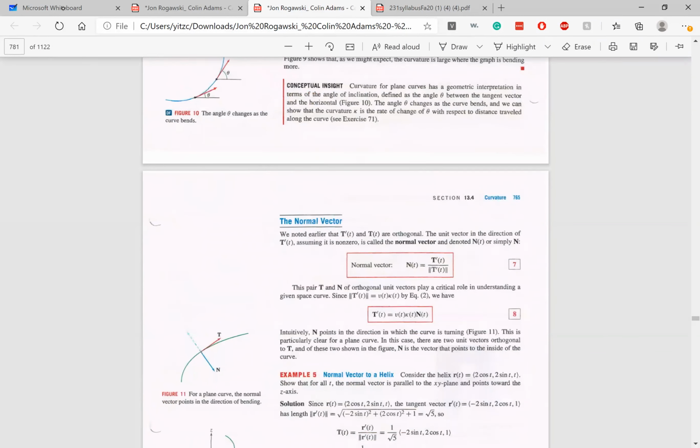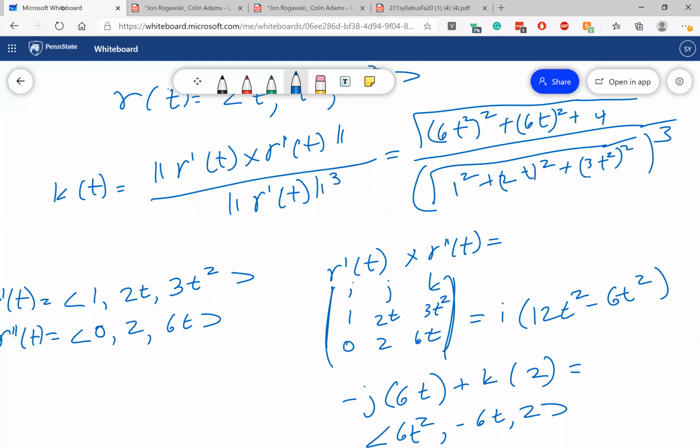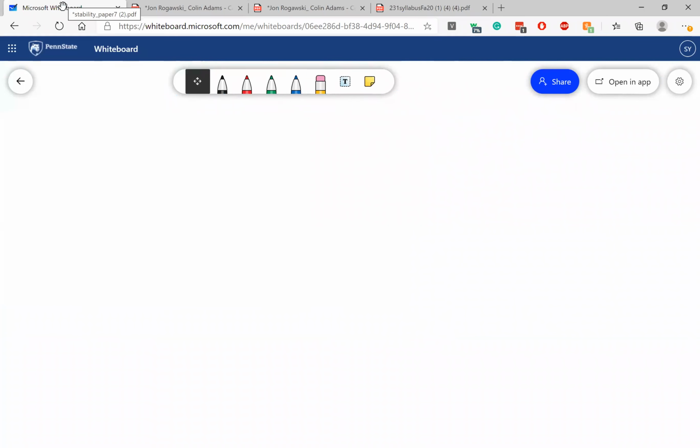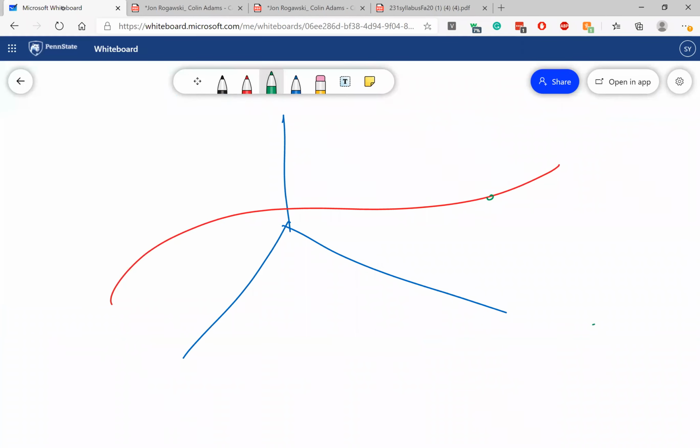Okay, so now we're going to continue with the normal vector. If you have a curve, so again, we are in 3 dimensions, we know how to find the unit tangent vector. Now we would like to be able to find the vector normal to the curve, so that would be orthogonal to the curve.